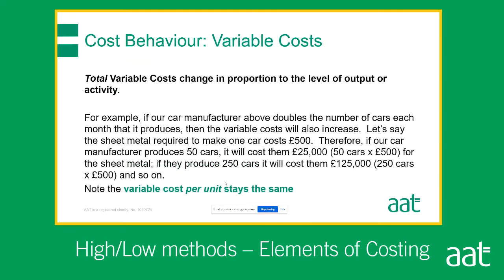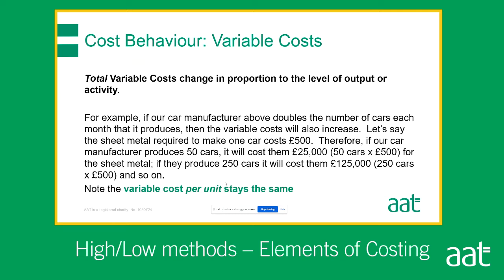Then we have our total variable costs, and these do change in proportion to the level of output or activity. For example, if our car manufacturer that we just looked at doubles the number of cars each month that it produces, then the variable costs associated with that will also increase. Let's say the sheet metal required to make 1 car costs £500.